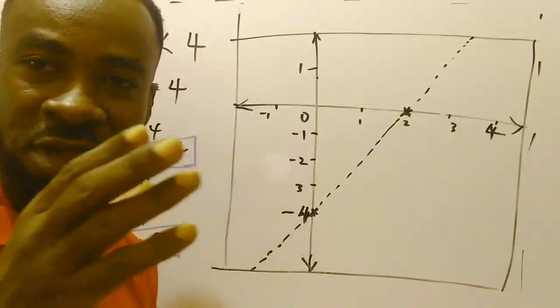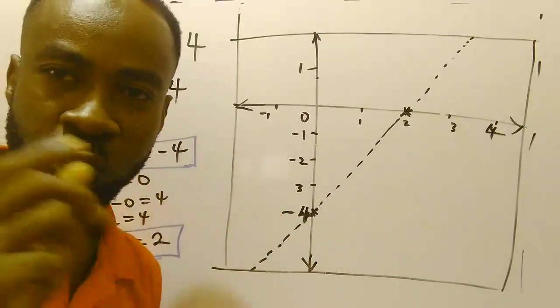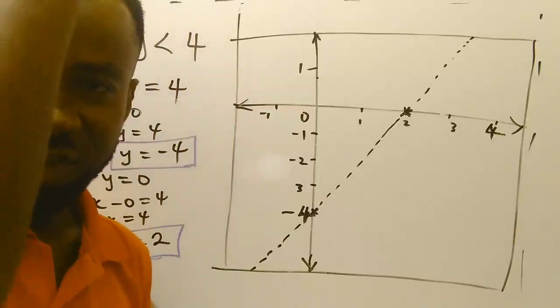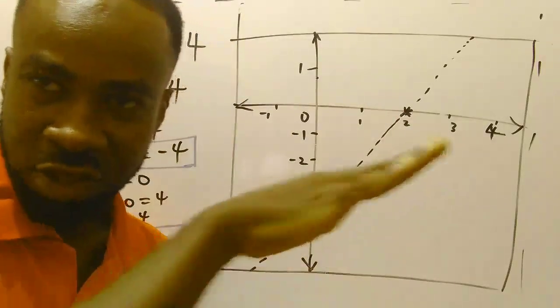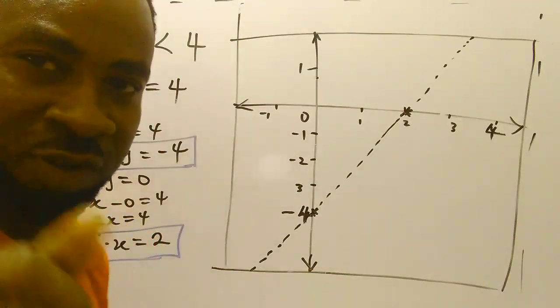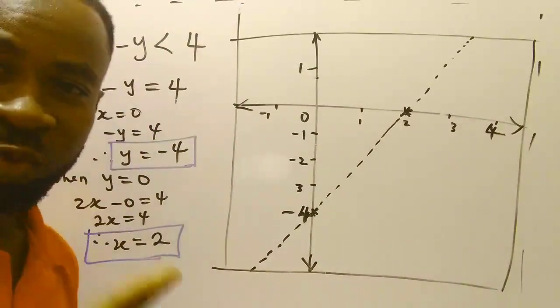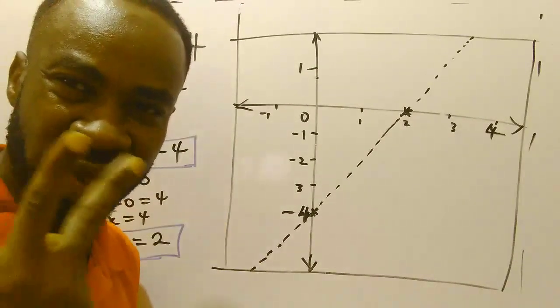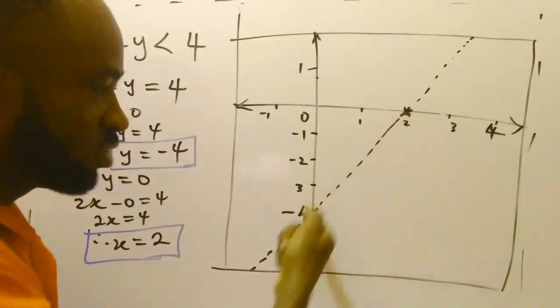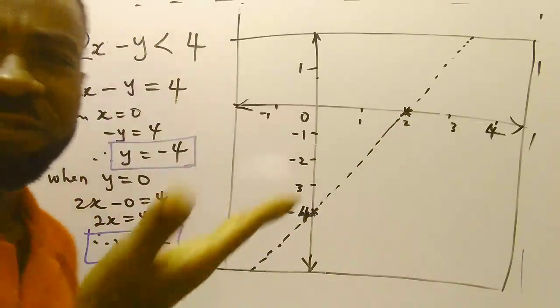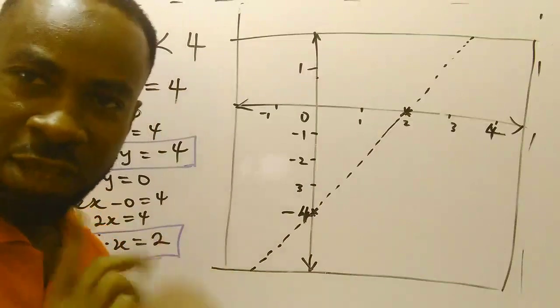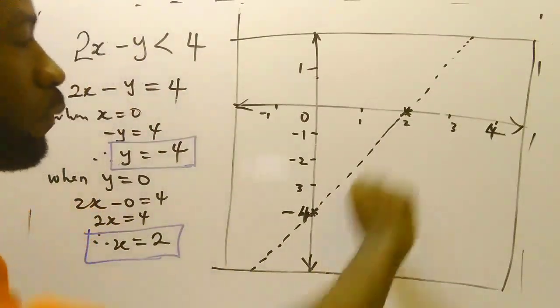For inequalities in one variable, we had either a vertical line or a horizontal line. But because here we are dealing with two variables, we must get two intercepts, two points. So it will always give us a slant line. Take note of that.